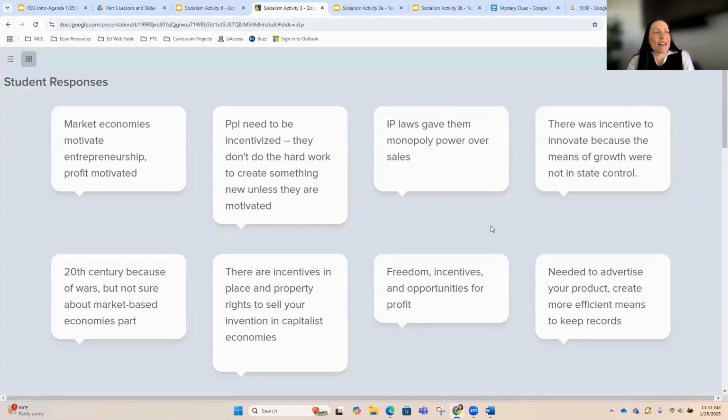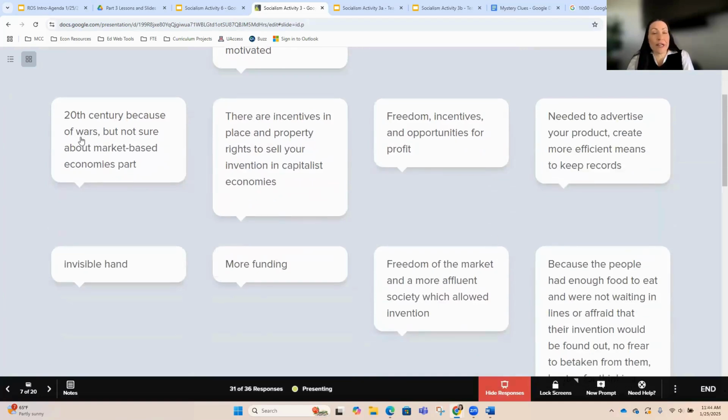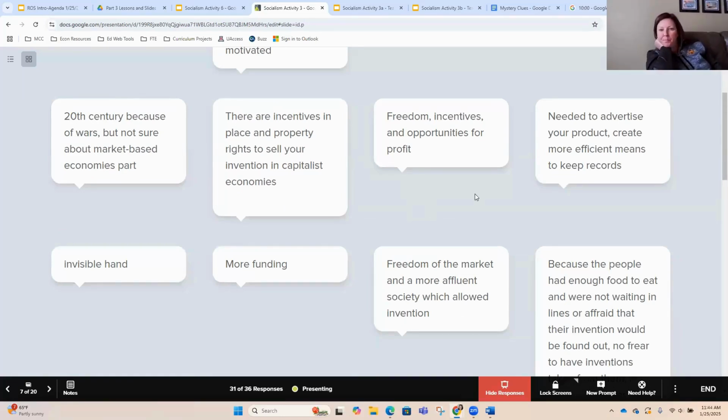There was incentive to innovate because means of growth were not in state control. The 20th century because of wars, but not sure about market-based economy part. There are incentives in place and property rights to sell your invention in capitalist economies. Freedom, incentives, and opportunities for profit. Somebody said the invisible hand, the funding.